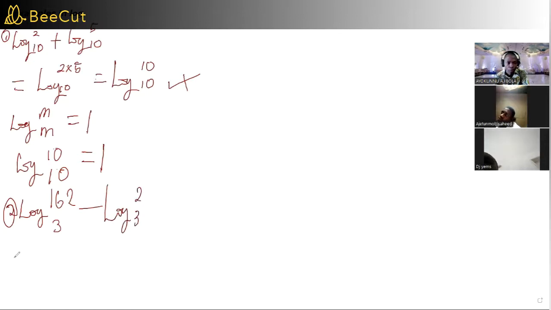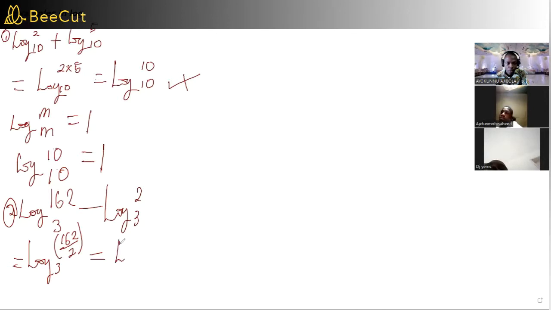So what am I supposed to do? Combine them: 162 with 2. So log base 3, then I will now have 162. It's not times now, it's divided by 2. Why is it not times? Because of the minus.